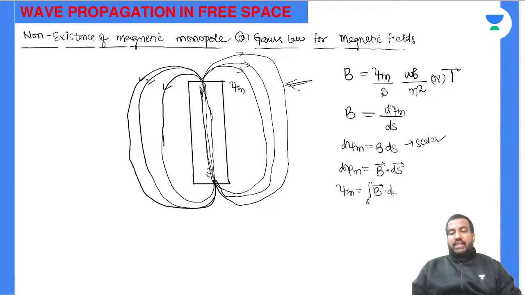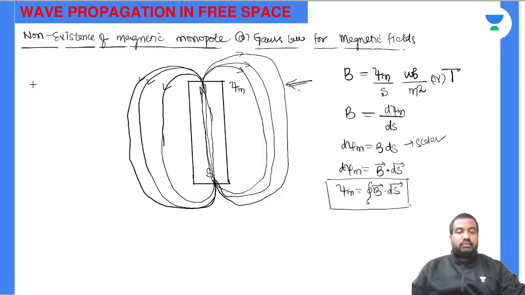Psi m is surface integral of B dot ds. There is a relation between magnetic flux and magnetic flux density.